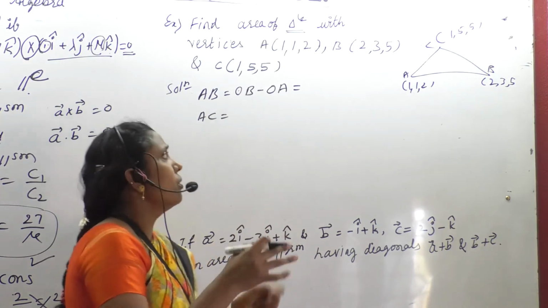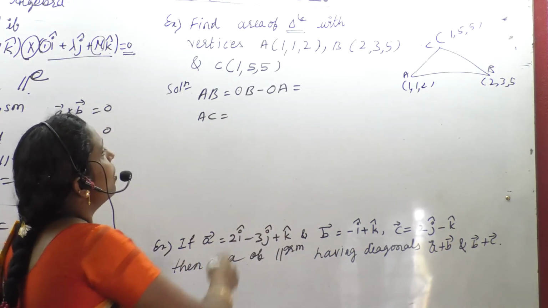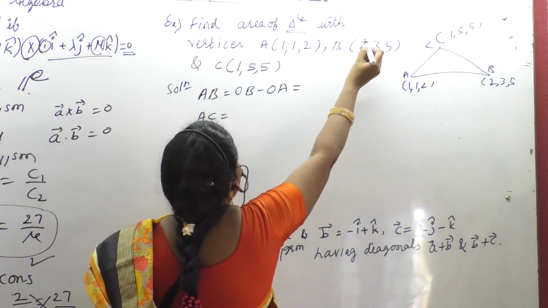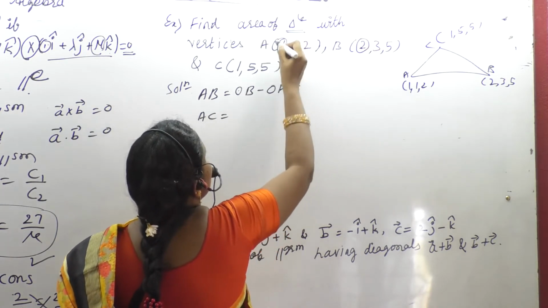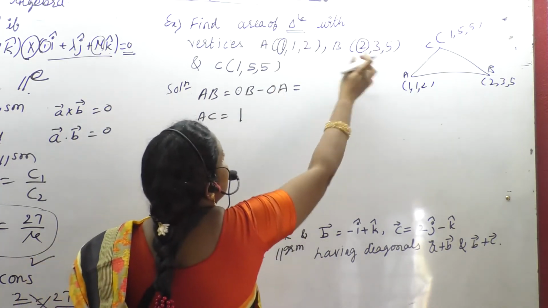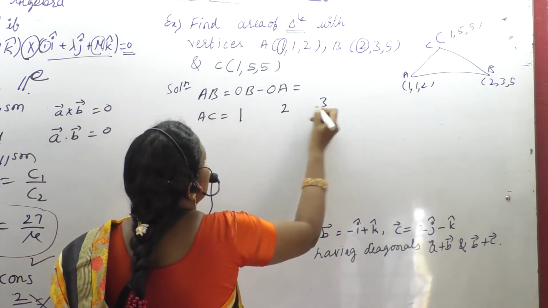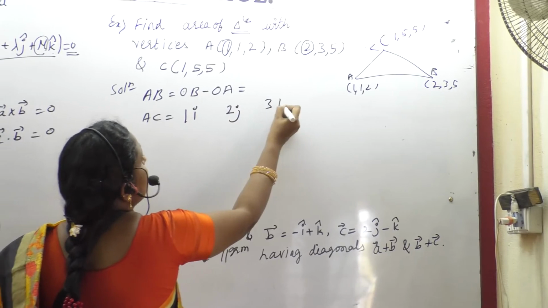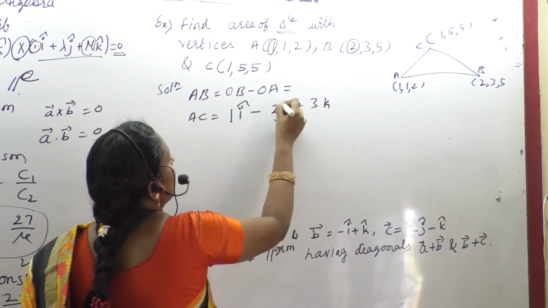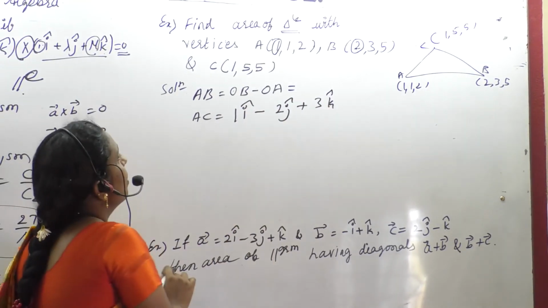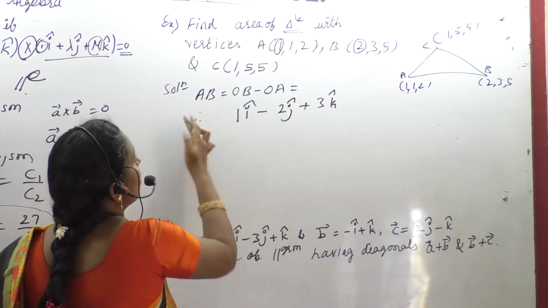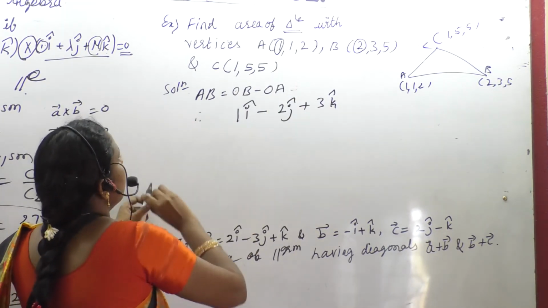OB minus OA, so now I will make the direct simplification. 2 minus 1 is 1, 3 minus 1 is 2, 5 minus 2 is 3. So 1i, 2j, 3k, this is our AB. Got it? Here I will write AB.